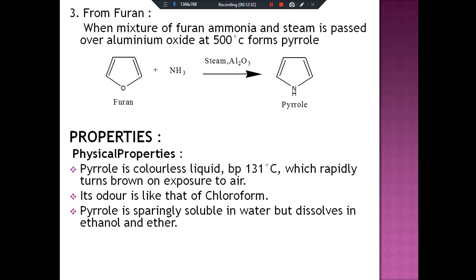When it is exposed to air, it readily turns brown, and it smells like chloroform. Pyrrole is readily soluble in ethanol and ether, and it is sparingly soluble in water.